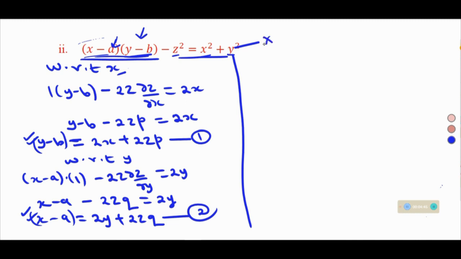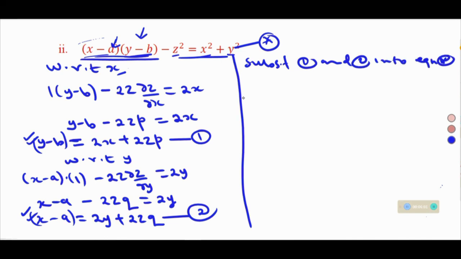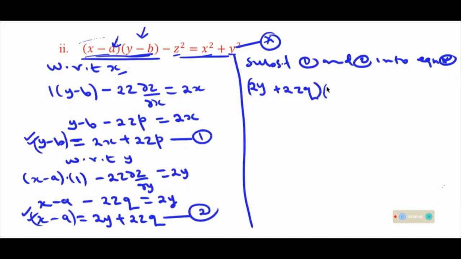So let me let this equation to be equation star. Now substitute 1 and 2 into equation star. So we are substituting equation 1 and equation 2 into equation star, and from equation 2 we are having x minus a as this, and from equation 1 we have y minus b as this.